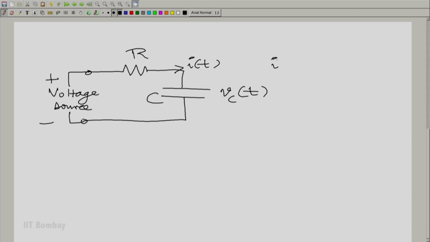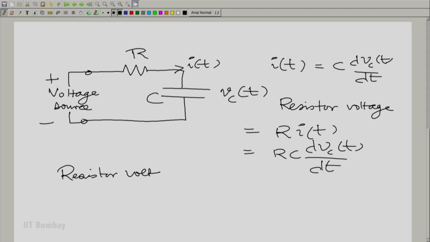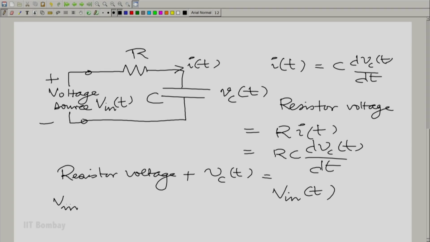The current in the circuit is C dVc(t)/dt, and the resistor voltage is of course R times i(t), so RC dVc(t)/dt, whereupon the resistor voltage plus the capacitor voltage is equal to the source voltage. Let us call the source voltage Vin(t). So, the equation that we have describing this circuit is Vin(t) = RC dVc(t)/dt + Vc(t).